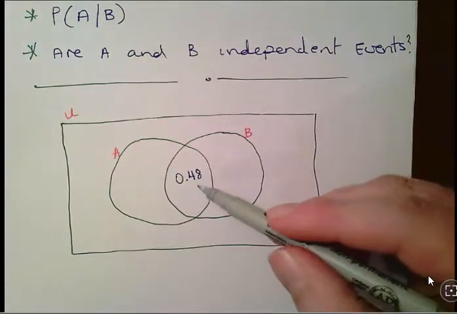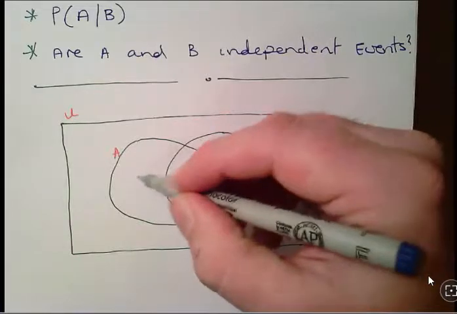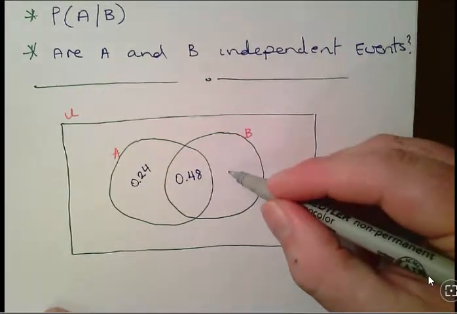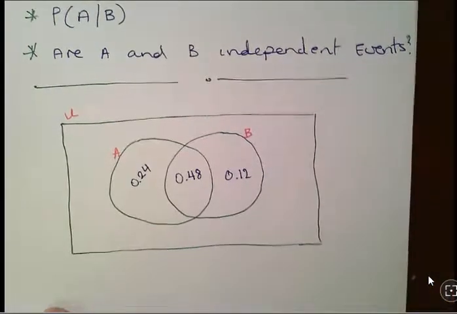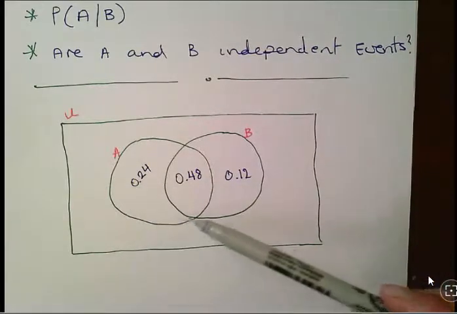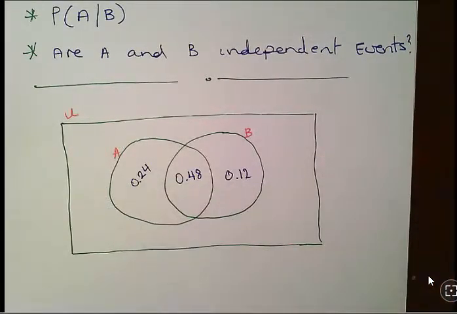We already have 0.48, so there's just another 0.24 unaccounted for A, and likewise 0.12 for B. The left-hand side circle that describes A is 0.72 altogether, so 0.72 is the sum of A and B and A but not B. Likewise, 0.6 is A and B plus B but not A, which is 0.4 plus 0.2.